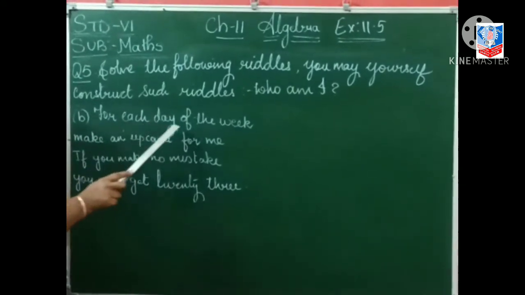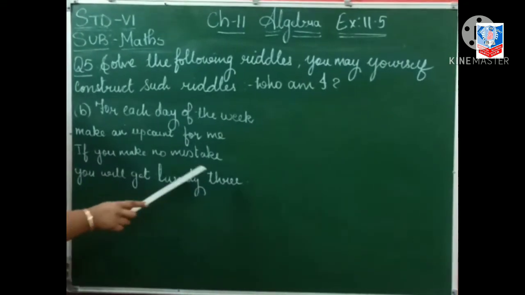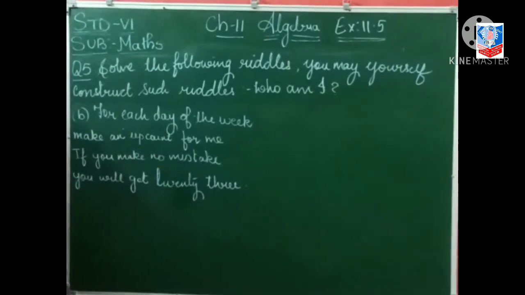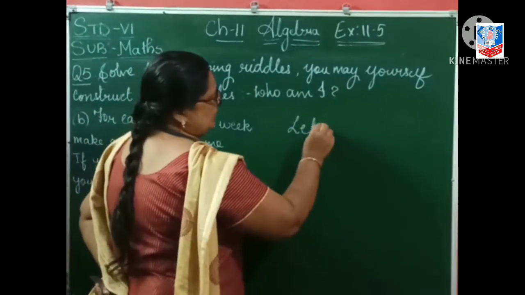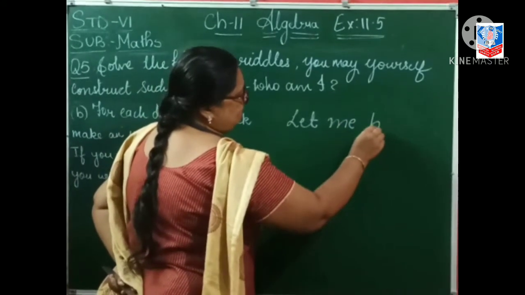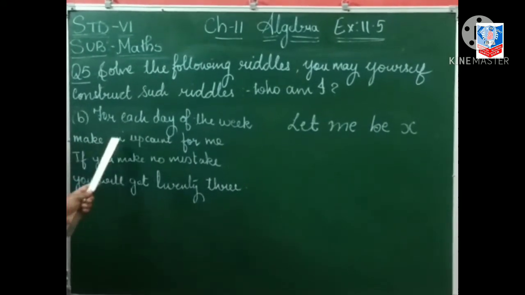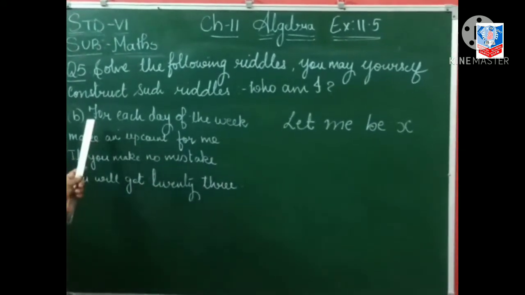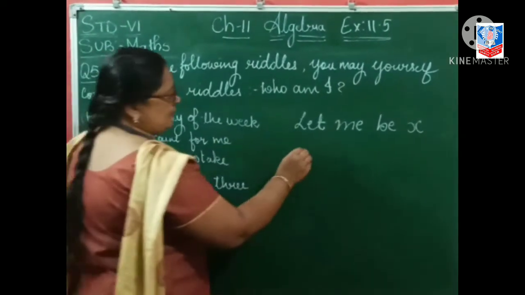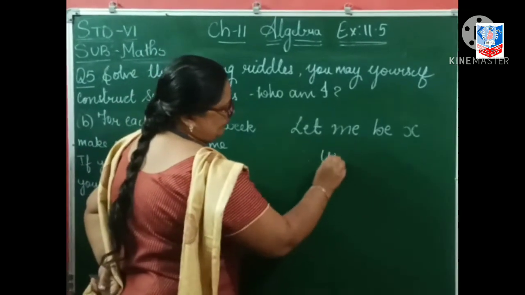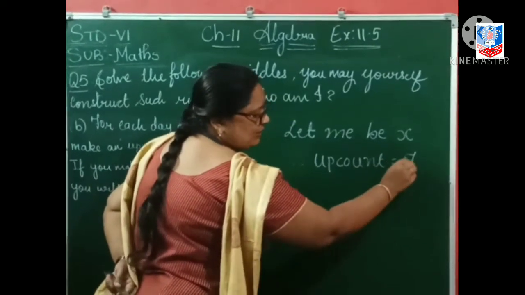B. For each day of the week, make an account for me. If you make no mistake, you will get 23. So first let me be x. For each day of the week, make an account for me. So there are 7 days in a week. So therefore the account is 7.